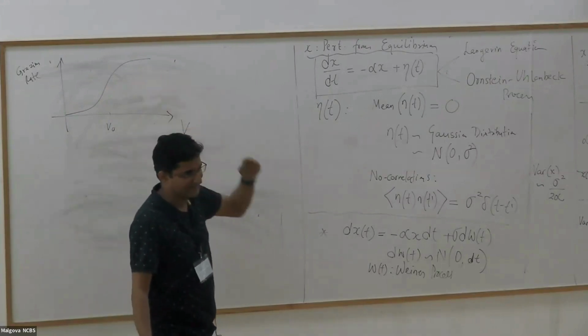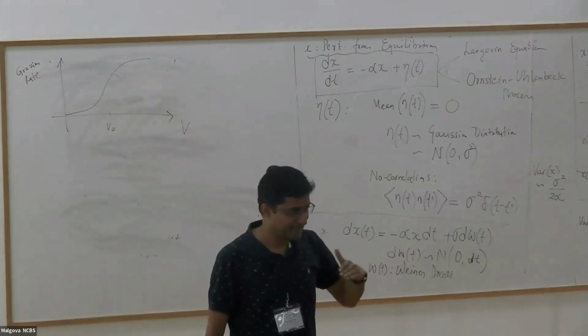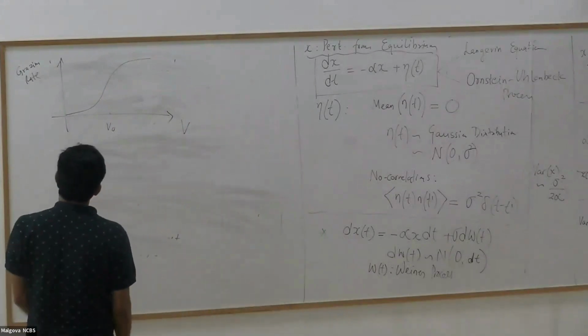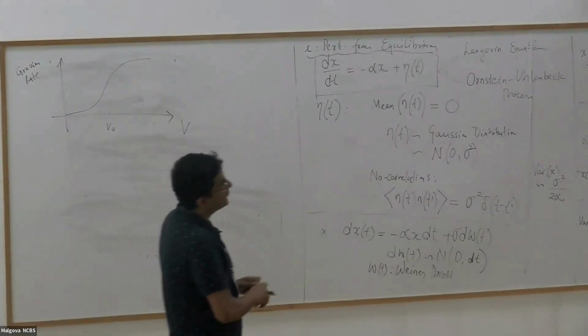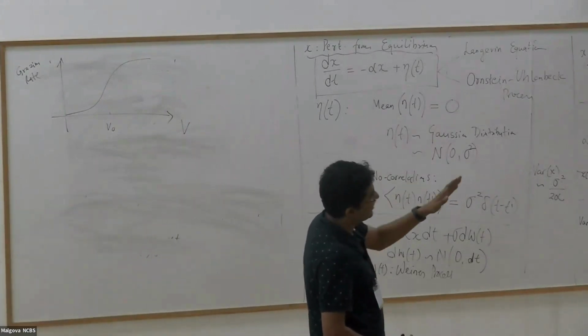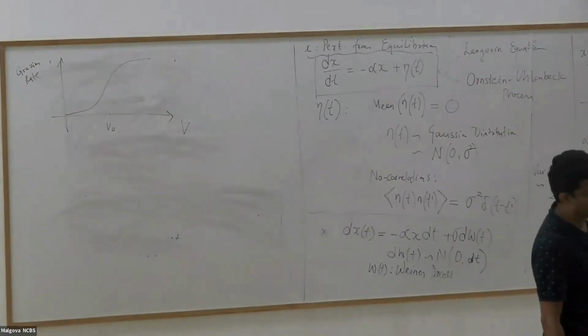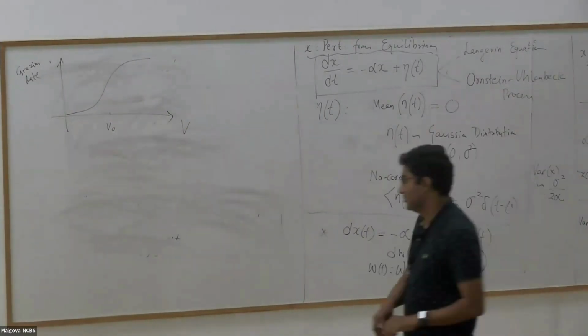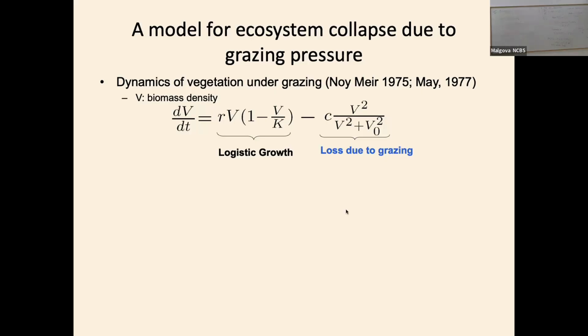So there will be non-linearity: an initial slow increase, then a rapid increase, and then a saturation. A standard sigmoidal curve. Now, the rate of change of biomass density in this equation has logistic growth, which would look something like this.